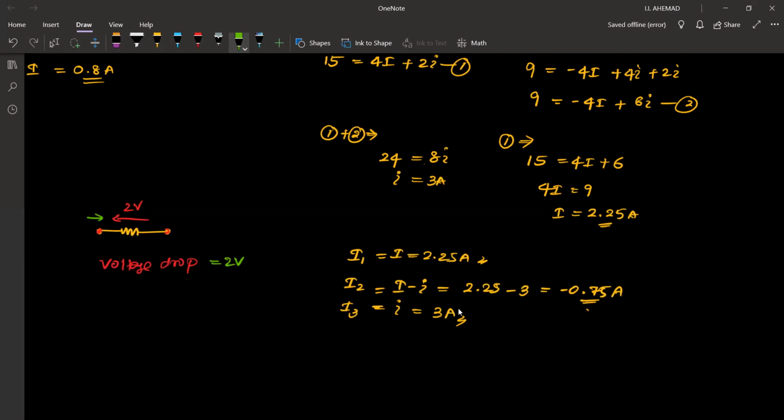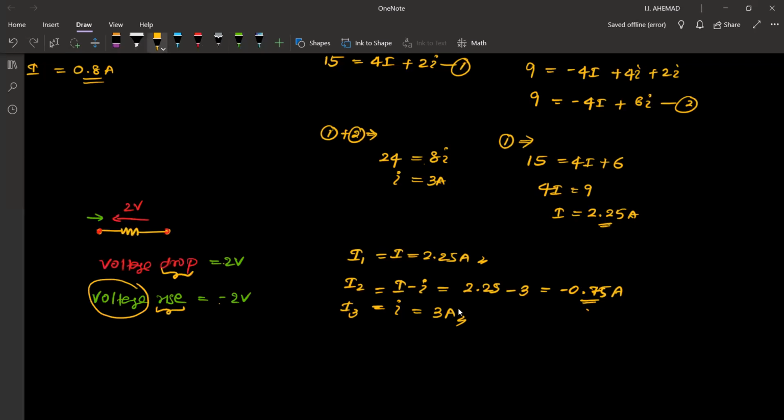So it will be positive 2 because you are talking about voltage drop. But if we talk about voltage rise, then it will be minus 2. Okay, so without these two words, voltage drop or voltage rise, we cannot tell plus and minus sign. Using plus and minus and just the word voltage, we cannot tell whether the voltage is increasing or decreasing.